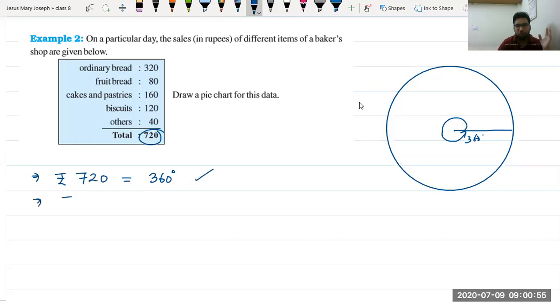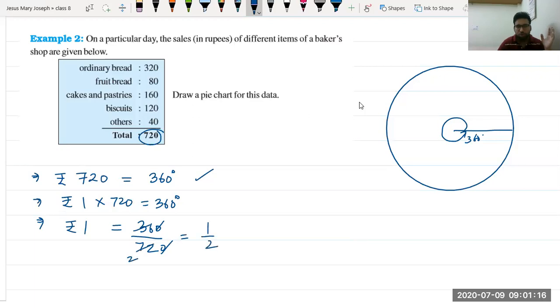This gives me 1 rupee into 720 is equal to 360 degree. And finally, I have found 1 rupee is equivalent to 360 upon 720. Now we can solve it. 36 2s are.